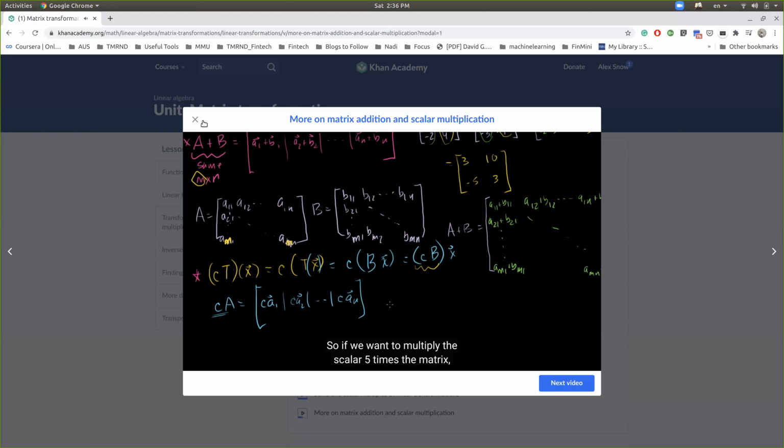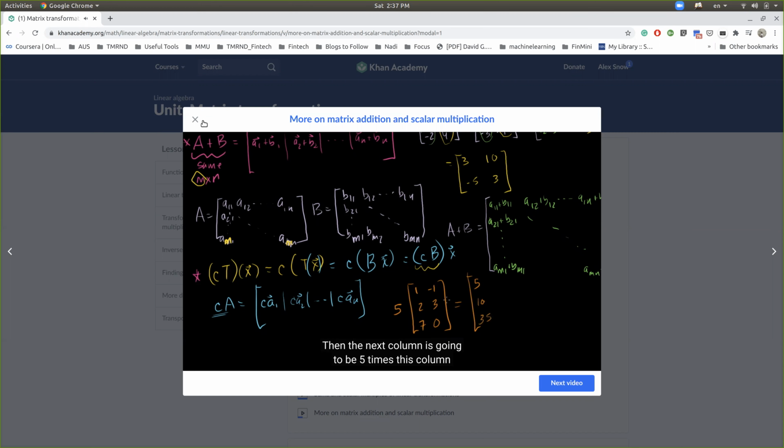If we want to multiply the scalar 5 times a 3 by 2 matrix, 1, minus 1, 2, 3, 7, 0, I'm multiplying the scalar times each of the column vectors. So it's 5 times 1, 2, 7. That's just 5 times each of the entries: 5, 10, 35.